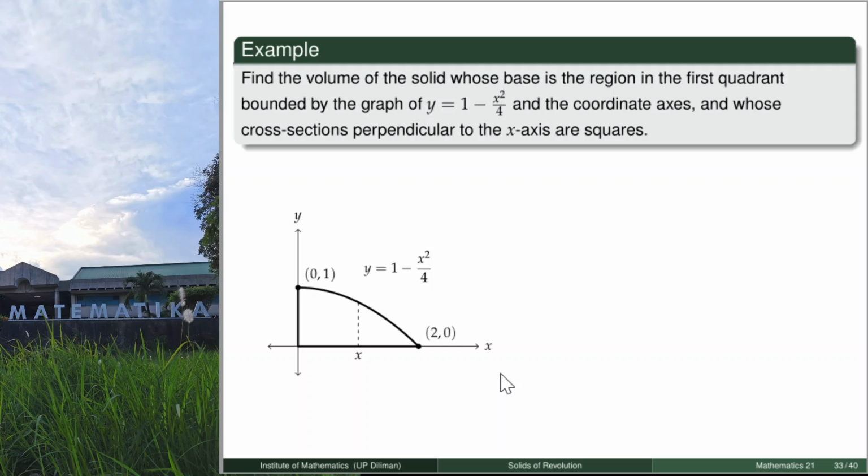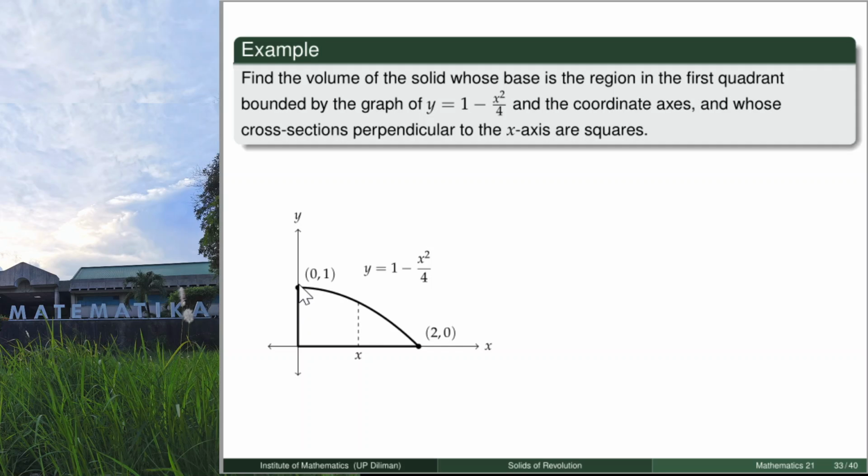The last ingredient is the area of the cross sections. Since the cross sections are squares, the area of a square is just side squared. So we just need to find the side of the square.